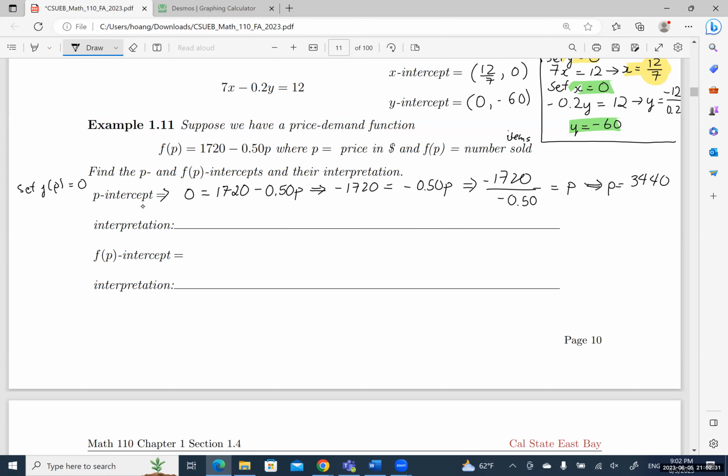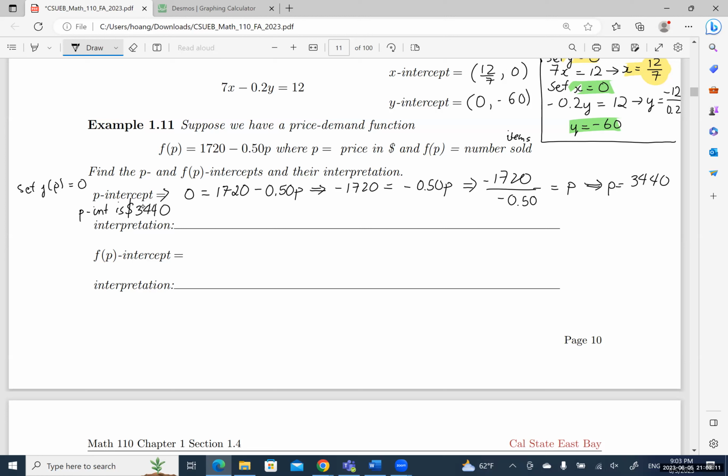So then the p-intercept will be, in the ordered pair, I mean, you can write as 3440 in dollars, right?